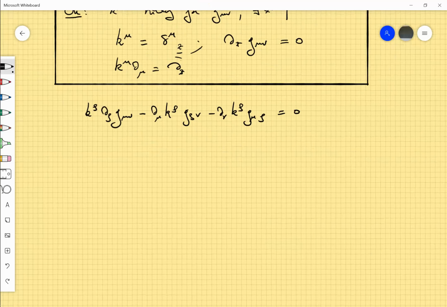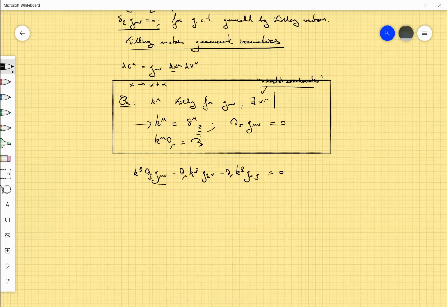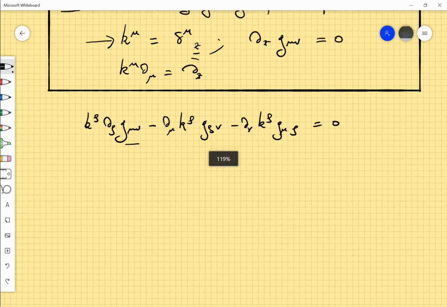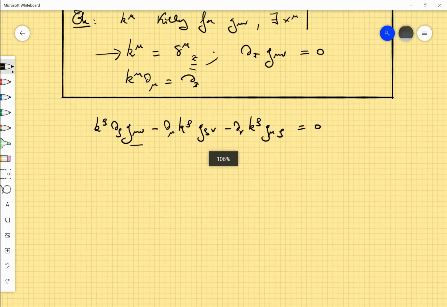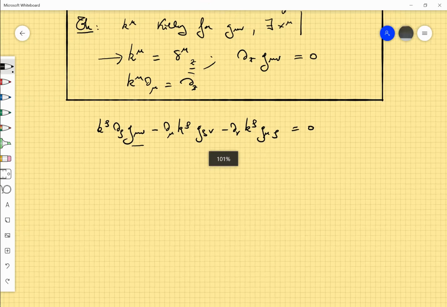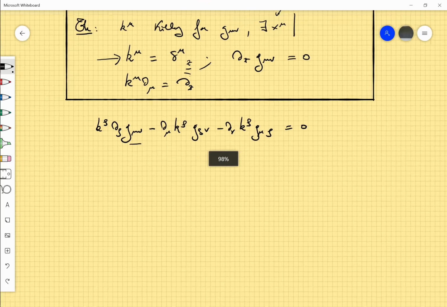Now, what I'm saying is if c is a cyclic coordinate, then there is a Killing vector which is precisely of this form, and we can prove it, because if c is a cyclic coordinate, g_{μν} is independent of c, but k, the k that we have chosen, is precisely such that this is the derivative with respect to that coordinate.